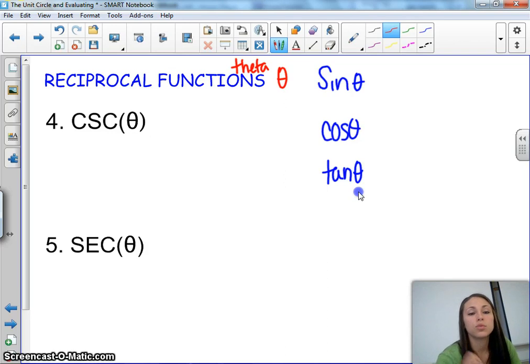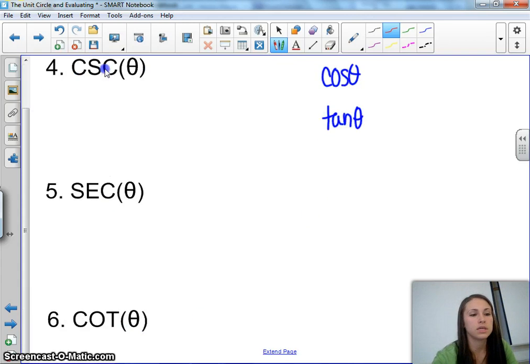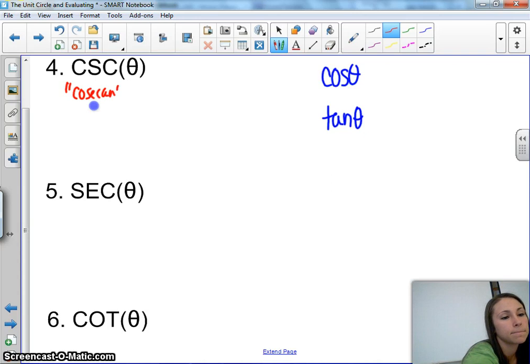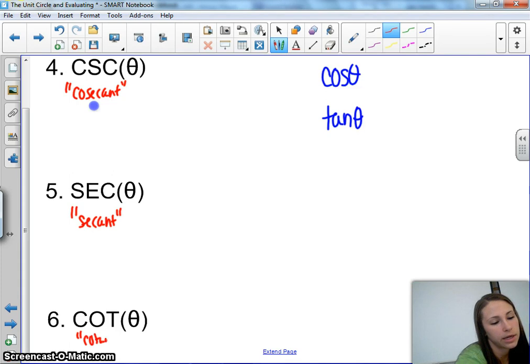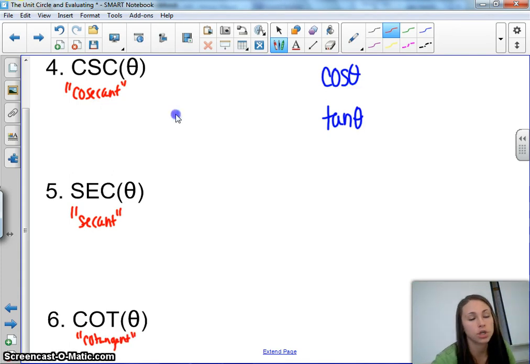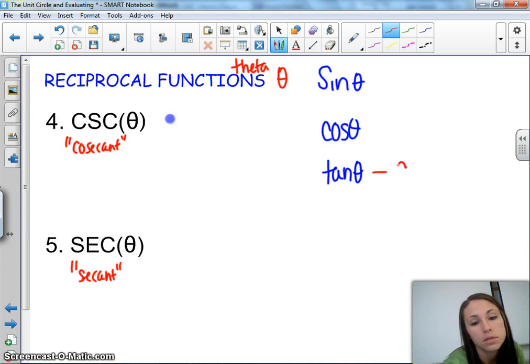But each one of the 3 original functions, sine, cosine, and tangent, go with one of these functions. This is cosecant. This is secant, and this is cotangent. Now, you can probably guess that cotangent goes with tangent, and it does. So tangent and cotangent go together. Now, the other 2 are a little bit tricky.